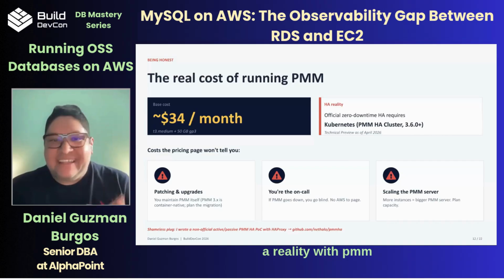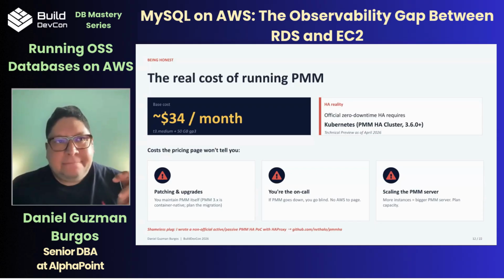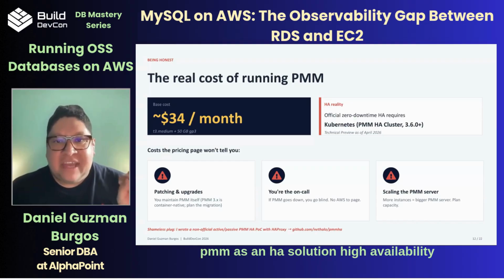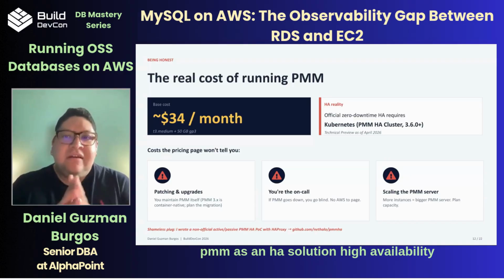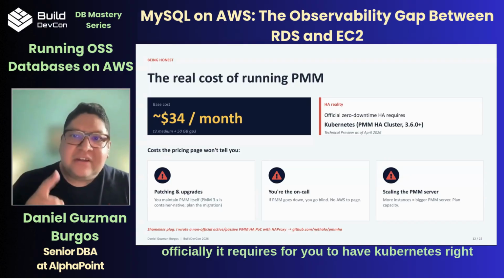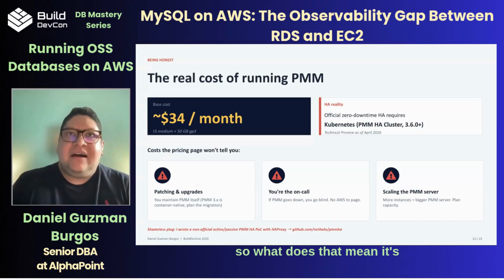There's an HA reality with PMM. For you to have PMM as an HA solution, high availability, officially it requires you to have Kubernetes, right? So what does that mean?